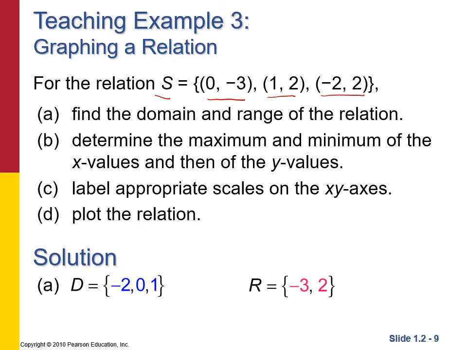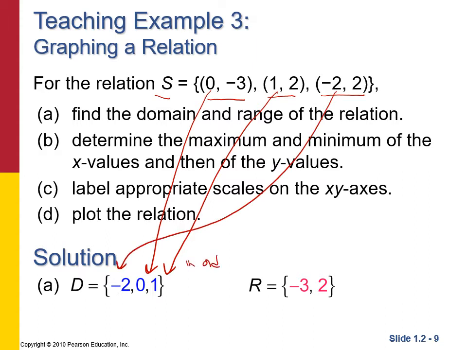All the values of X, so 0, 1, and -2, and they're listing them in order, from least to greatest.